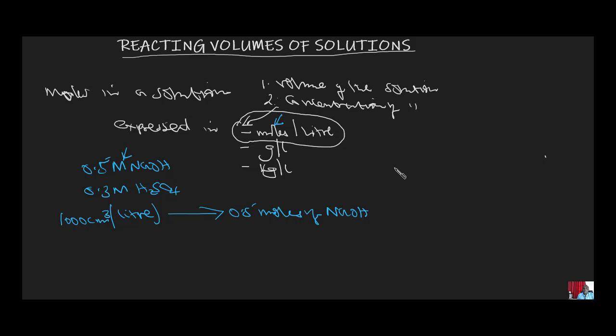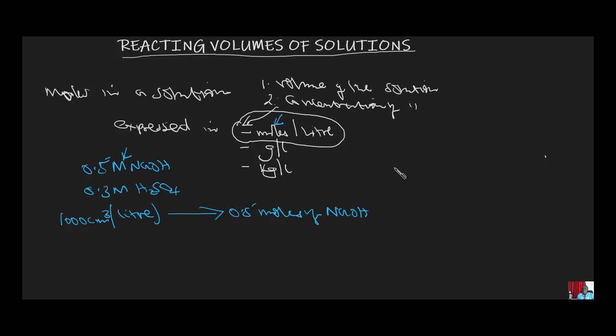So that is how we express concentrations. At this time, I will not talk about how we make molar solutions. Maybe that could be for another day, since we are doing revision.